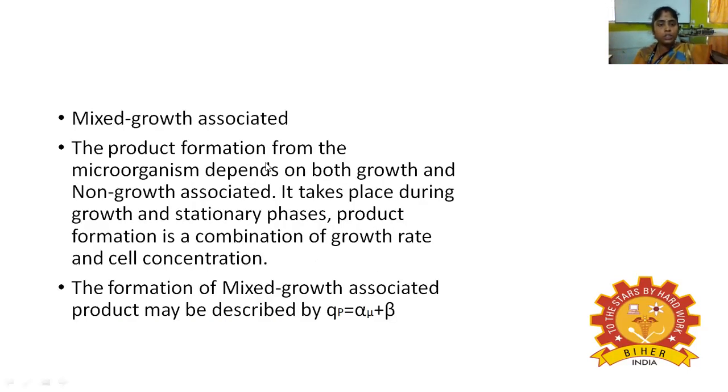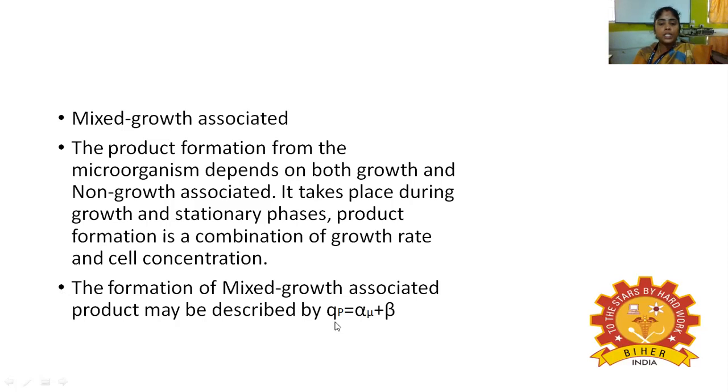The mixed growth associated product formation by a microorganism is dependent on both growth and non-growth associated processes, which means it takes place during the stationary phase, along with the desired product, and an undesired product may also be formed as a byproduct. So it is a combination of growth associated as well as non-growth associated.